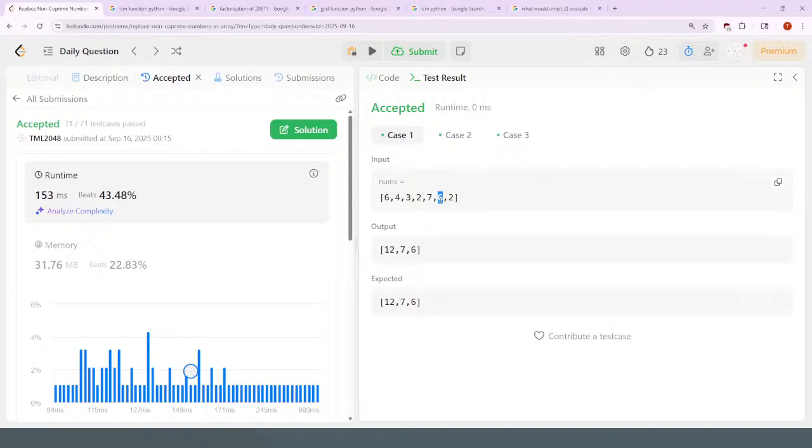I guess this could have been 7, 2 if the ending here was 7, 2, 6. The 2 becomes a 6, and the 6 still is being compared to 7.